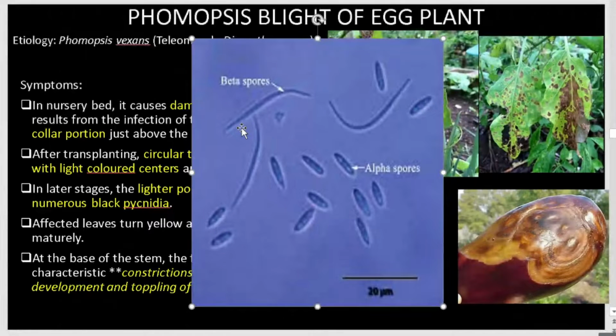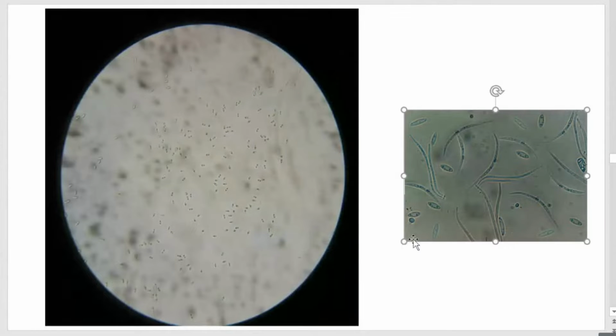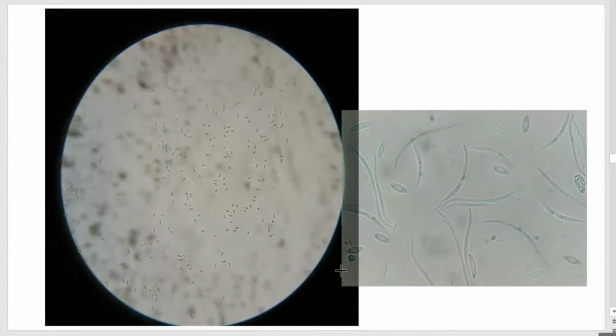While alpha conidia are aseptate. They are typically one-celled. They are subcylindrical, and they are generally produced at higher temperature during summer months. Both kinds of conidia may be retrieved from the infected plant parts. They have two vacuoles. In this photograph, you will be able to see it much more clearly. They are oil globules.